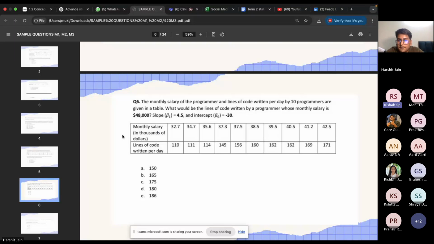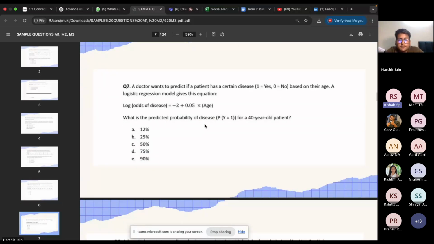So basically it was 48,000, but in the table it is written as 32.7, 34.7, and in bracket they mentioned it is in $1,000. So we divided it by 1,000 to make the value similar to this form. You got that? Okay, yes. No, you can take 48,000 itself. There will be just 3 zeros.